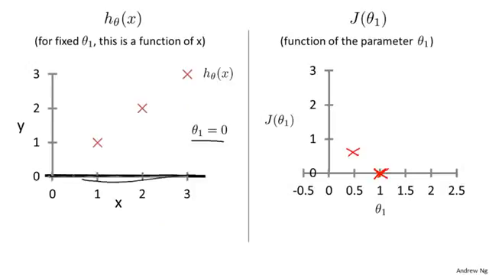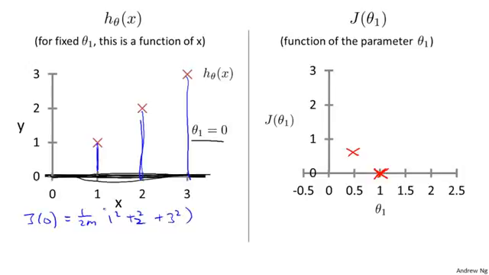It just goes horizontally like this, and so measuring the errors, we have that J of 0 is equal to 1 over 2m times 1 squared plus 2 squared plus 3 squared, which is 1/6 times 14, which is about 2.3. So let's go ahead and plot that as well. We end up with a value around 2.3.